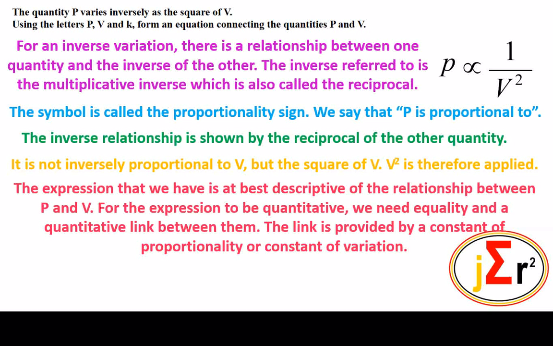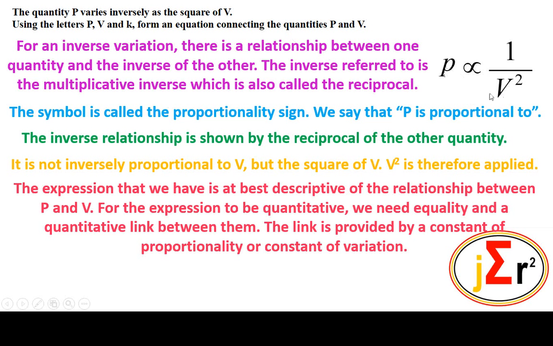For the expression to be quantitative, we need equality and a quantitative link between them. Because as we have them right here, we cannot quantify anything. So we cannot match them numerically. Because we cannot match them numerically, we are unable to determine values of P and corresponding values of V.